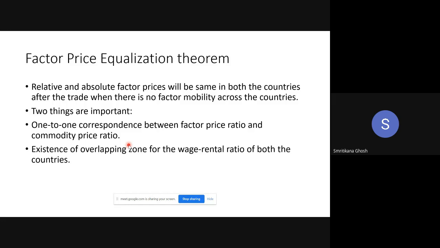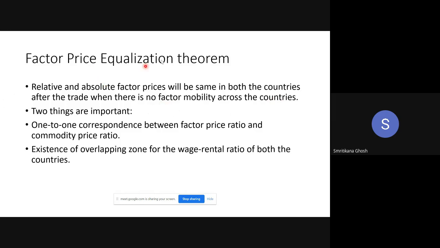Look at the first bullet: the relative and the absolute factor prices will be the same in both countries after trade when there is no factor mobility across countries. This is an assumption that factors can move between sectors within the country, but cannot go from one country to another. That is not allowed.